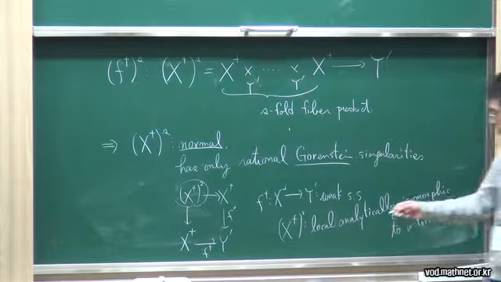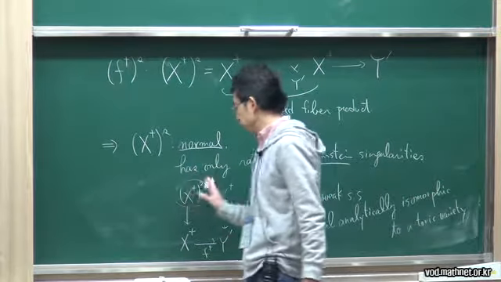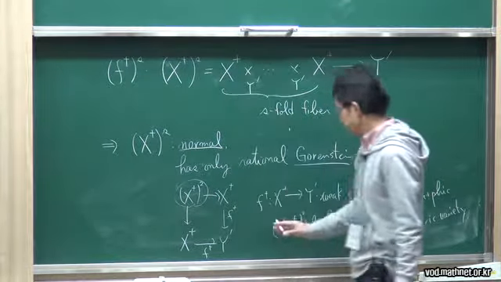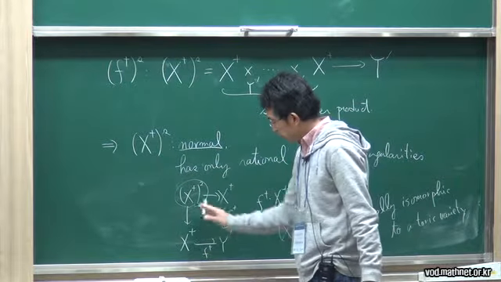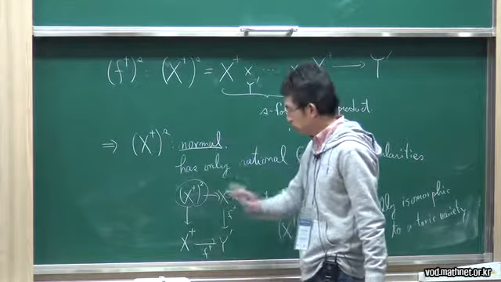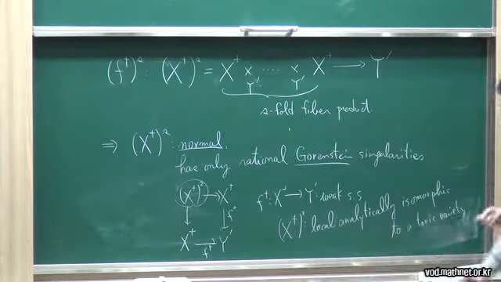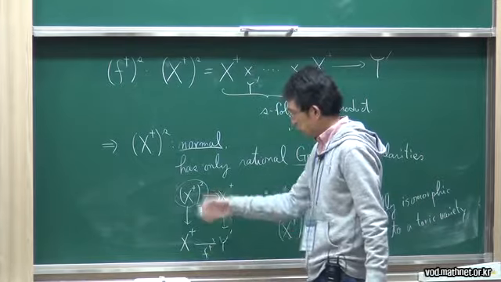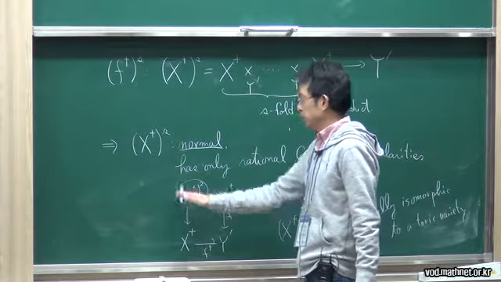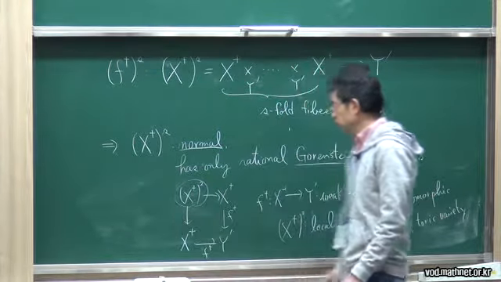In general, we have to take normalization, but we have already known that this one is normal, so we do not need to take normalization. So locally everything is toric, and this is local analytically isomorphic to toric varieties.